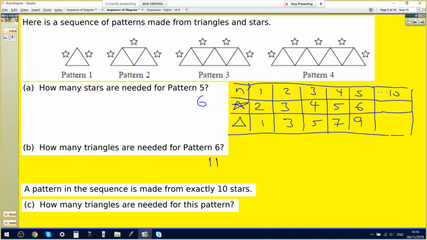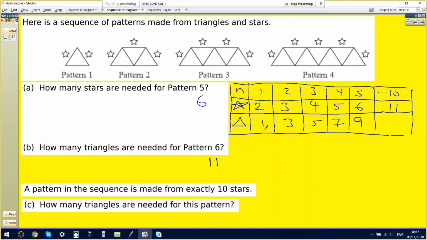For number 1, there's 2 stars. Right, so you've got 1 and 2, 2 and 3, 3 and 4, 4 and 5. So what's the connection between n and the number of stars? What do you have to do to n to get the number of stars? You have to add 1. And so how many stars would be in pattern 10? 11. Yeah.